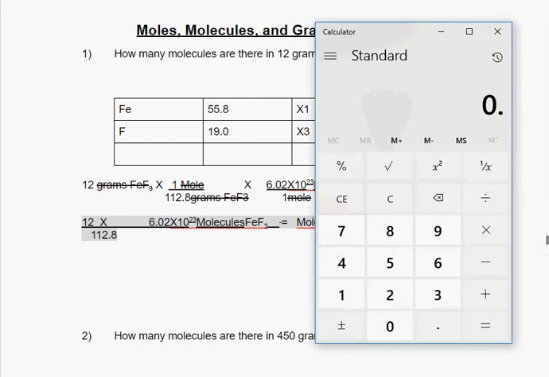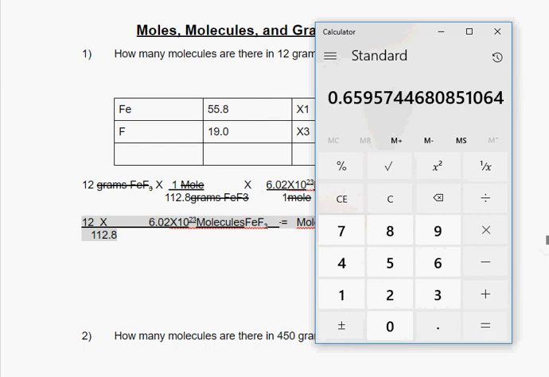We're going to multiply the coefficient, so 12 times 6.02 equals, and then we're going to divide it by 112.8, and that's going to tell me what the number is.